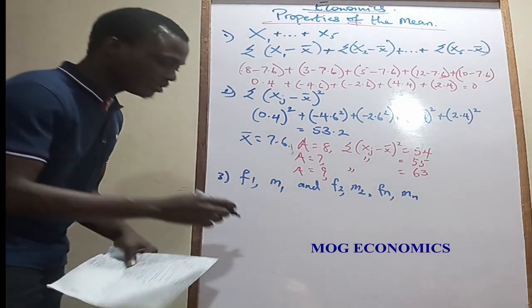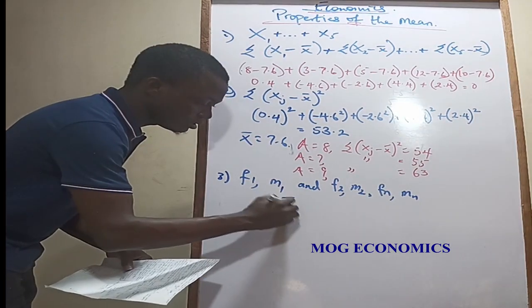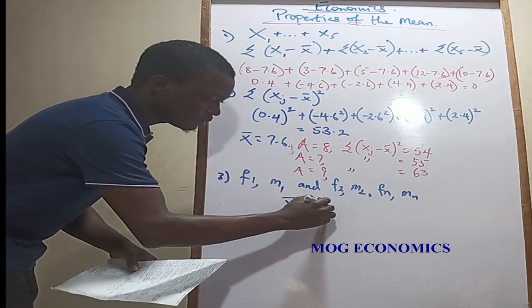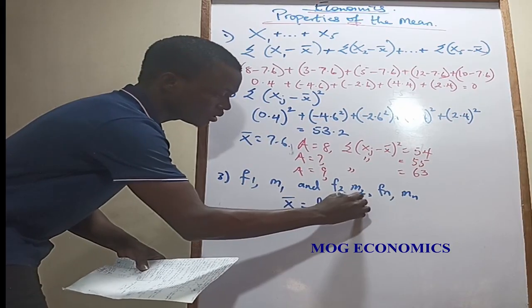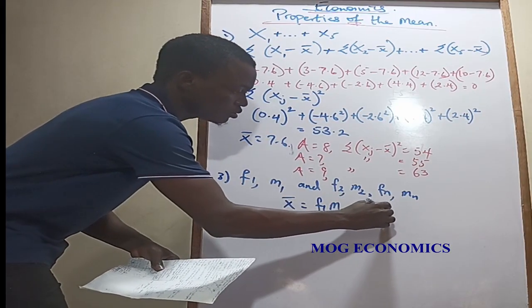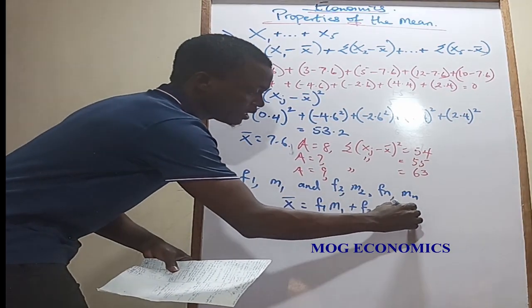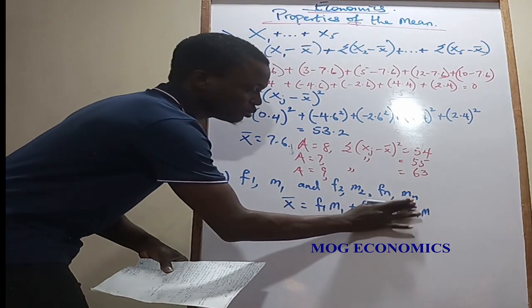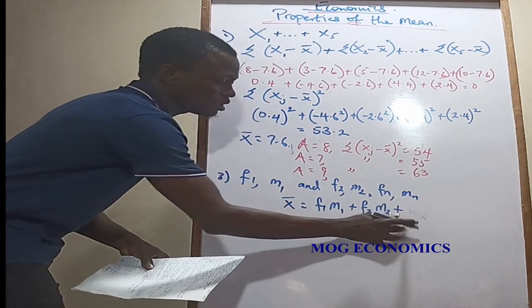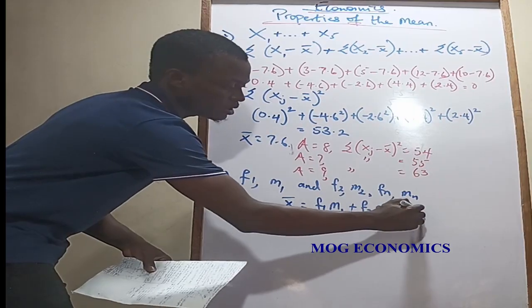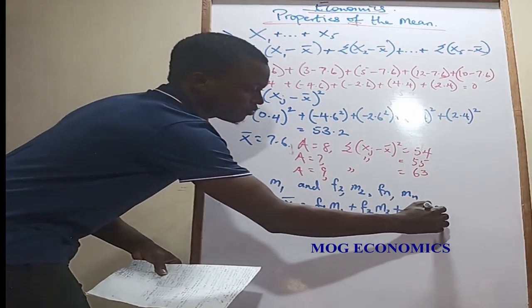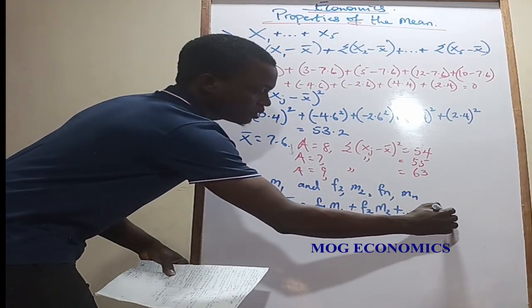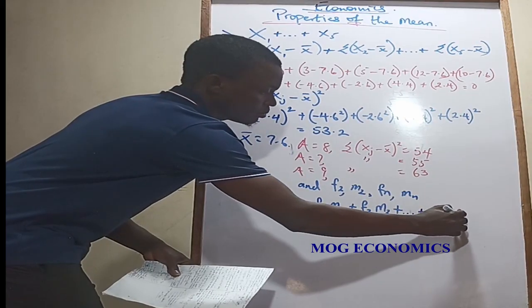So what am I trying to say? The overall mean is going to be equal to F1 M1 plus F2 M2 plus ellipses and plus Fn Mn.